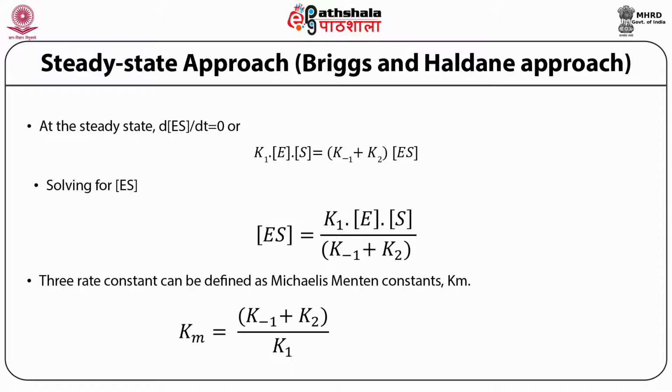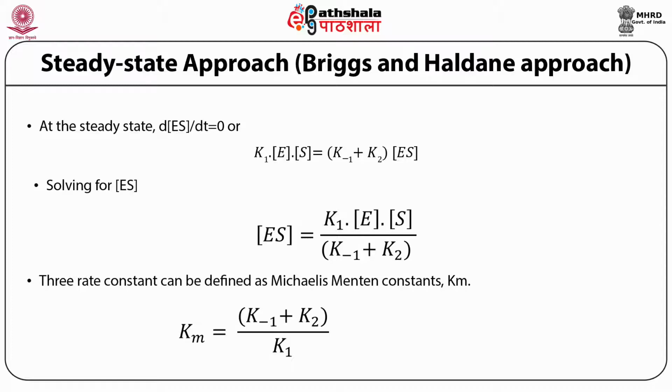But when you are saying there is a product formation in the steady state theory, then you cannot ignore the reversibility of the ES complex, because no reaction has 100% efficiency. Therefore, when you say Km, the breakdown constant upon formation constant, the breakdown constant includes K plus 2, that is a main one, but you cannot ignore K minus 1. So the Km is equal to K plus 2 plus K minus 1 divided by K plus 1.